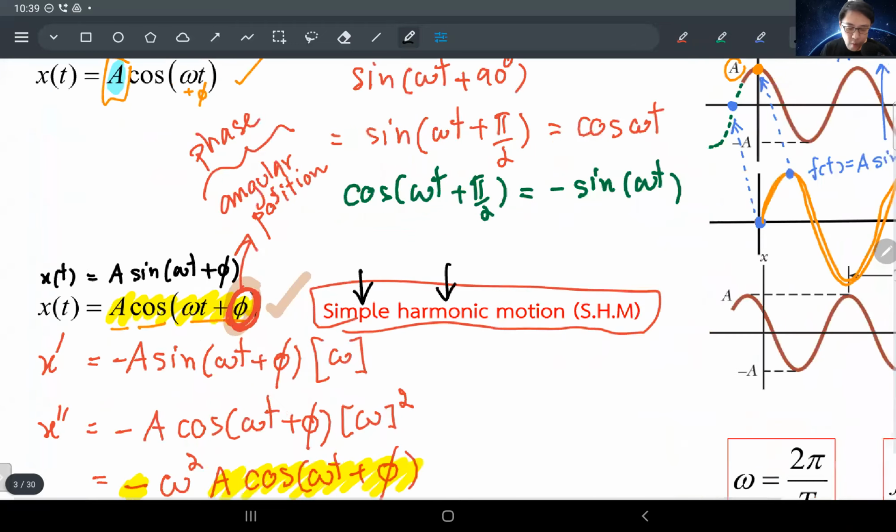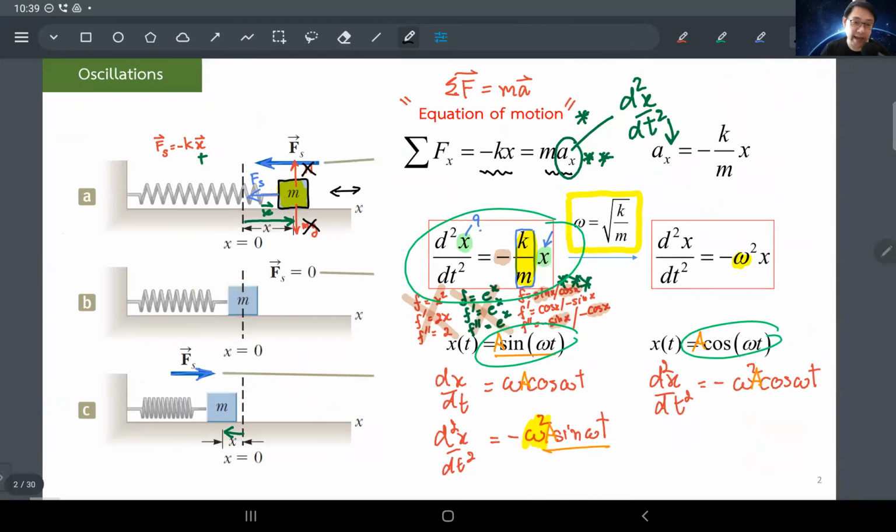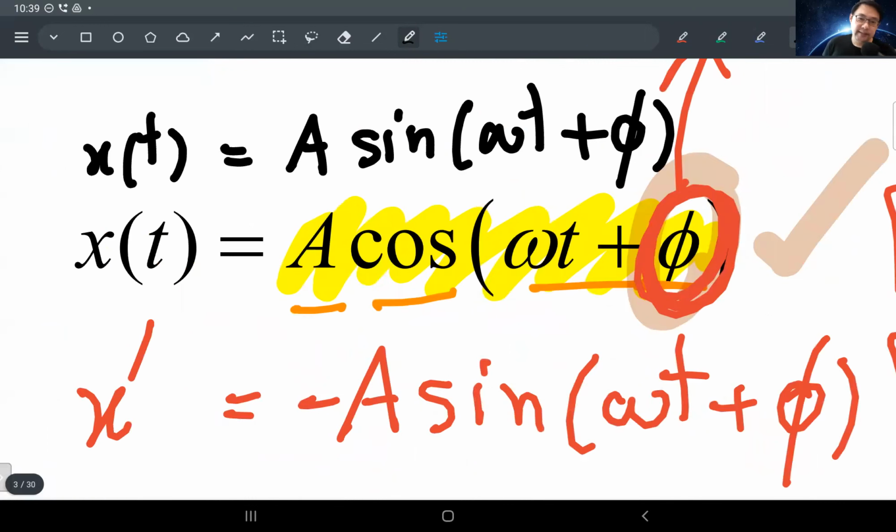So I have to ask you back. Hey guys, what is the unit of omega? The constant that we introduced, where omega squared is k over m.